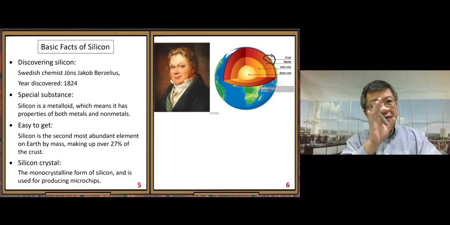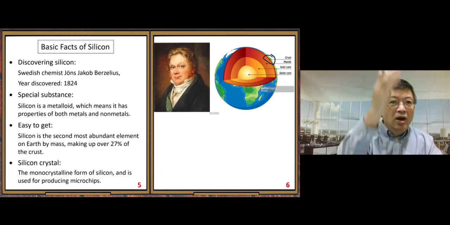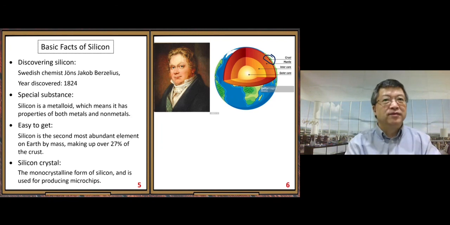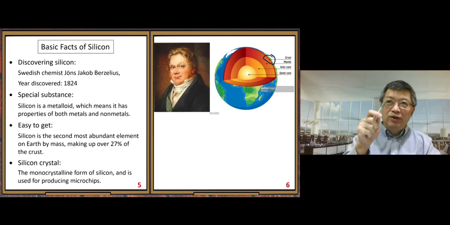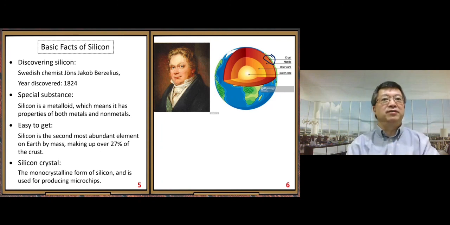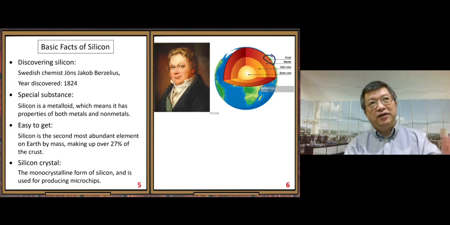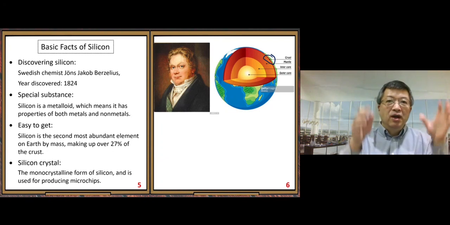For silicon crystal, there are two types, polycrystalline and monocrystalline. But to build transistors, we need the monocrystalline form of silicon. This special type we need to use to build microchips.